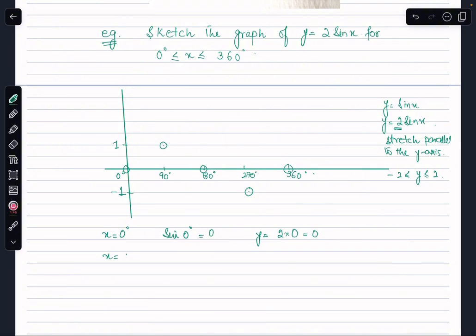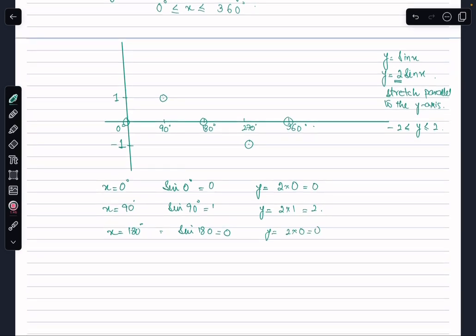If my x is 90 degrees, then I know sine of 90 equals 1. Therefore, y shall be equal to 2 times 1, giving me 2. If x is 180, then sine of 180 is equal to 0. Therefore, y should be 2 times 0, giving me 0.